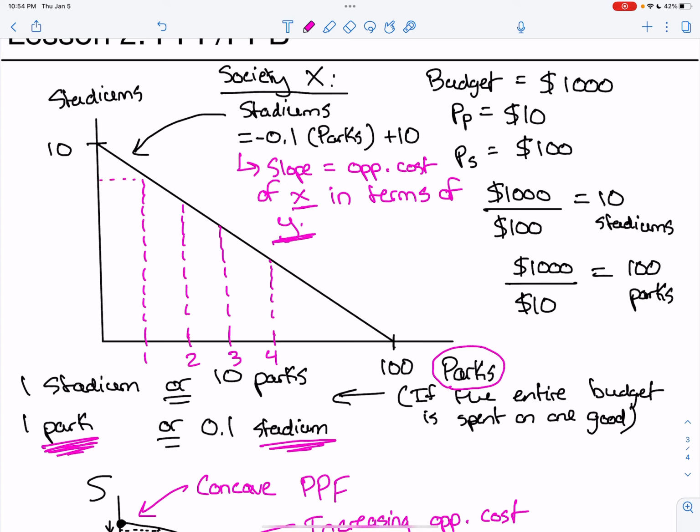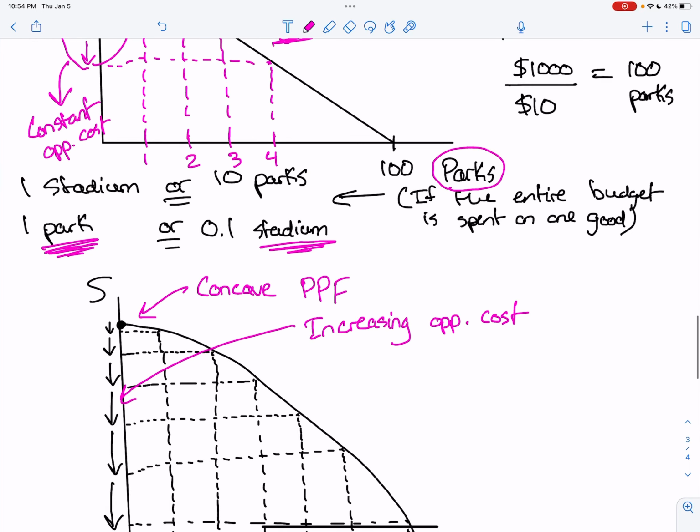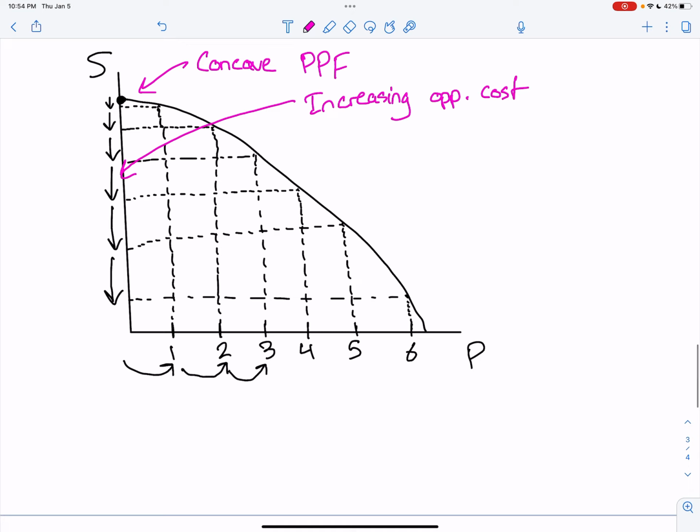Now visually, of course, this is really not drawn to scale at all, but you can see that these arrows here are all the same size, okay? Over here we have constant opportunity cost, whereas over here on our concave PPF, we have increasing opportunity cost.